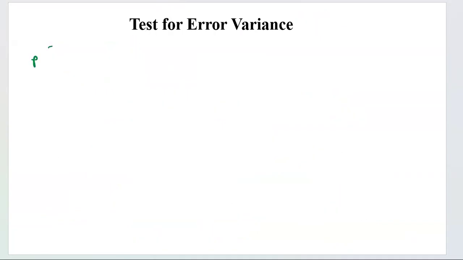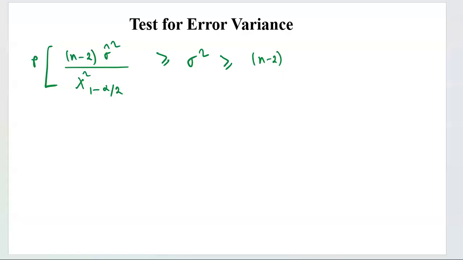Then probability that n minus 2 sigma cap square upon chi-square 1 minus alpha by 2 is greater than or equal to sigma square, which is greater than or equal to n minus 2 sigma cap square upon chi-square alpha by 2, equals 1 minus alpha.